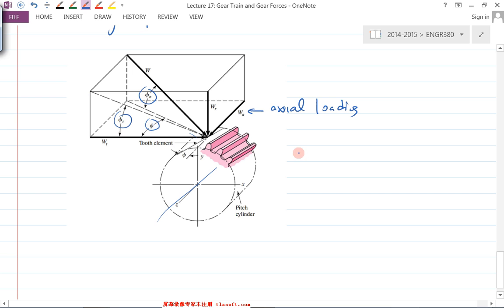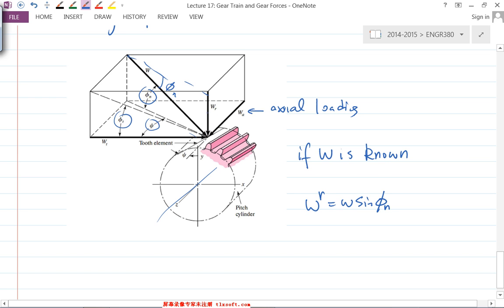So let's say W is known. What are each one of the components? WR equals W sine phi n. Is that right? You look at this plane here, and that's the phi n. So W times sine gives you this WR.